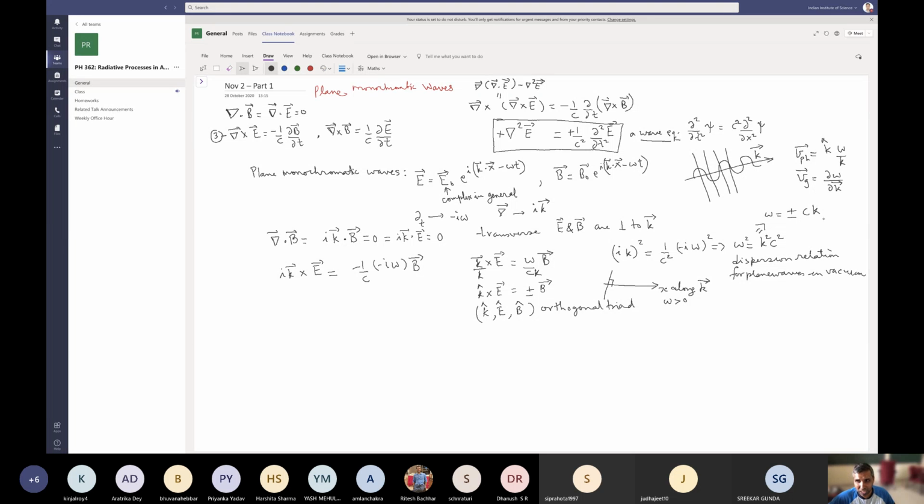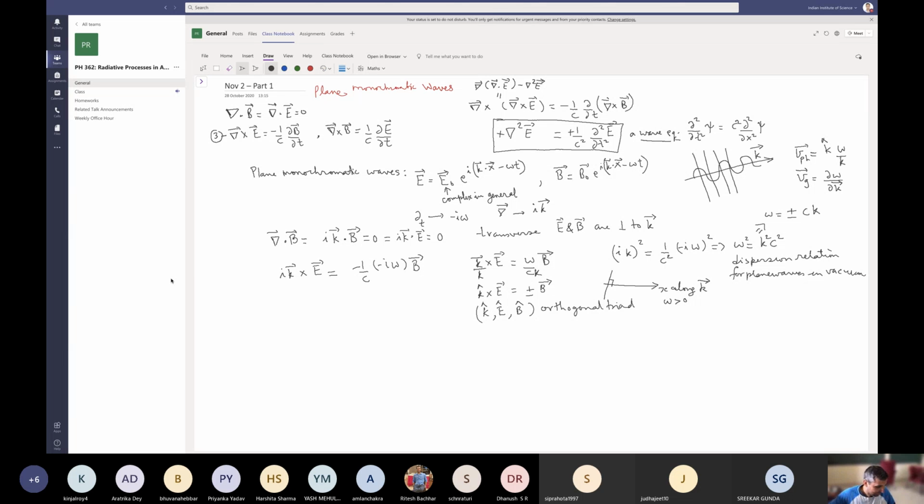For light waves, this is particularly simple. Both v phase and v group are equal to c, and both of them are along k hat. Okay, this is not true in general for a general class of waves.